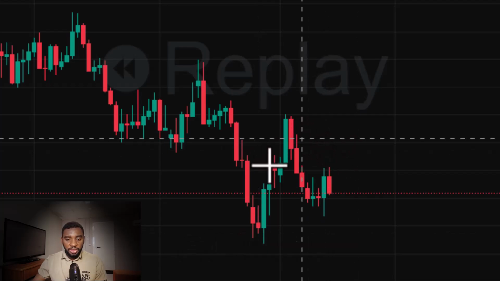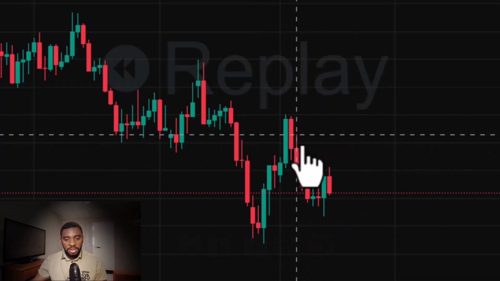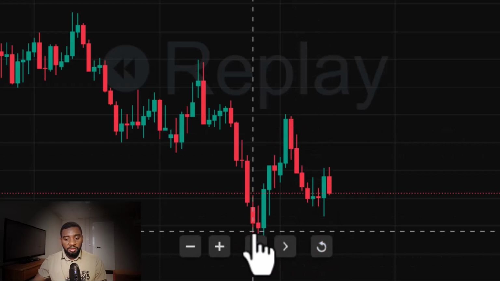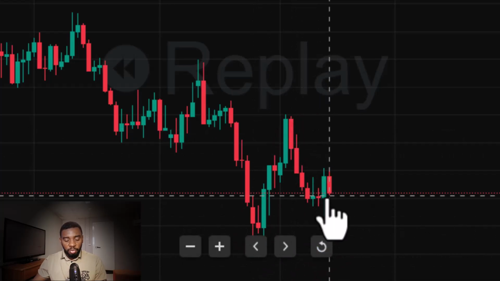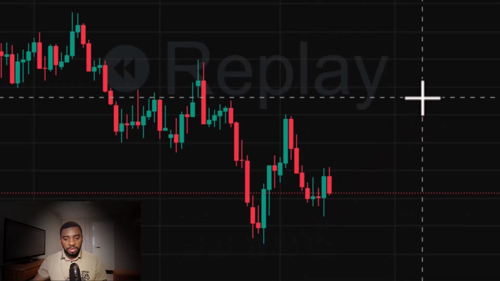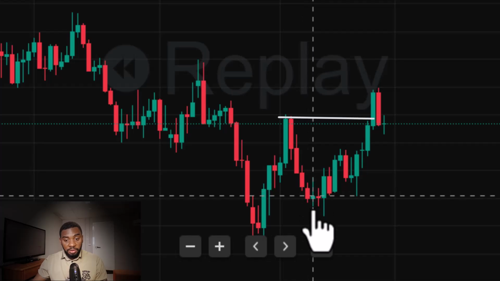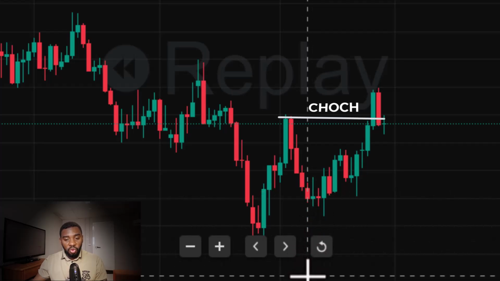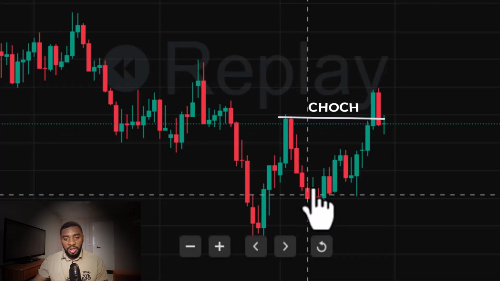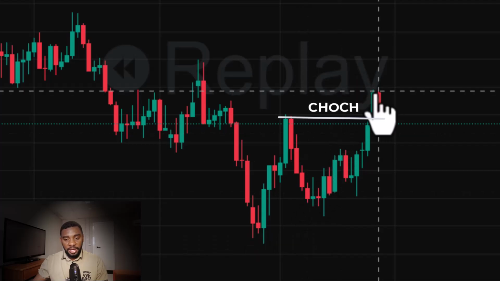When you see a situation such as this, where price is no longer forming lower lows, but now forming higher highs, what price action is telling you is to brace yourself for impact, because this trend is changing. Because price failed to form a new lower low. Instead of forming a new lower low, it went on and formed a new higher high. So this is what we refer to as change of character.